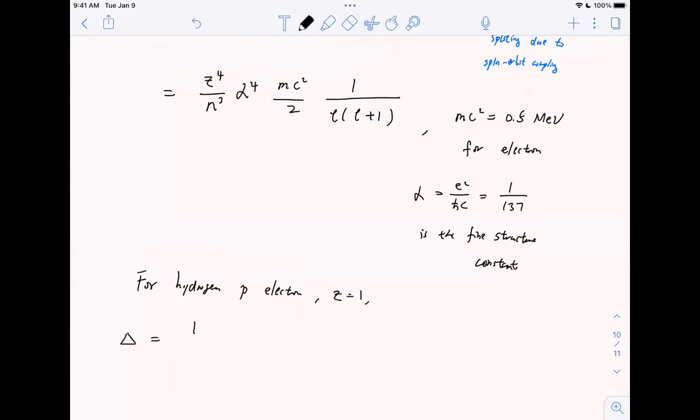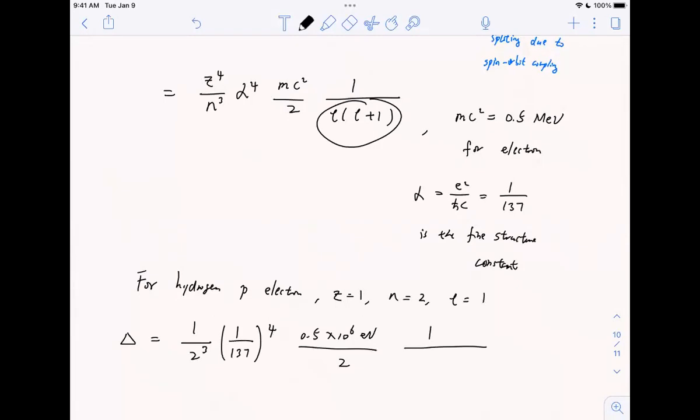Z is 1, N is 2, so 2, and this is 137 to the power 4, and this is 0.5 times 10 to the 6 eV, and L is 1, right? L is 1. So 1 and 1 plus 1.